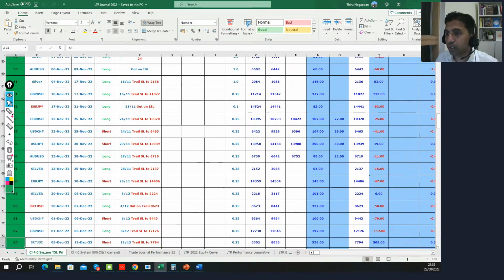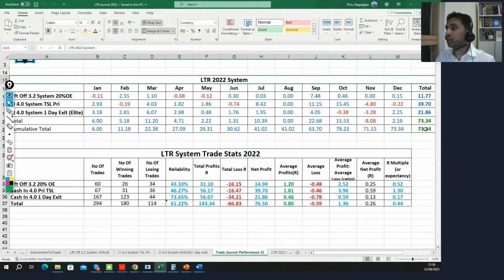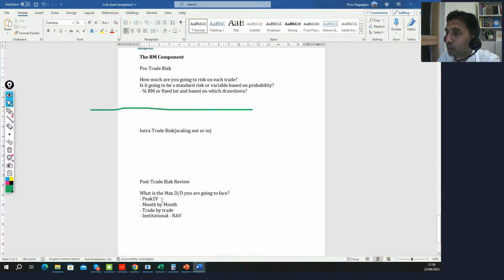That's how we actually achieved 73.34% last year. But every single drawdown we are tracking to see if, as I mentioned over here, we are hitting any of those drawdowns or not.